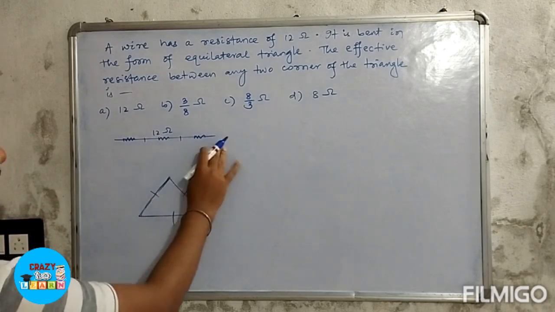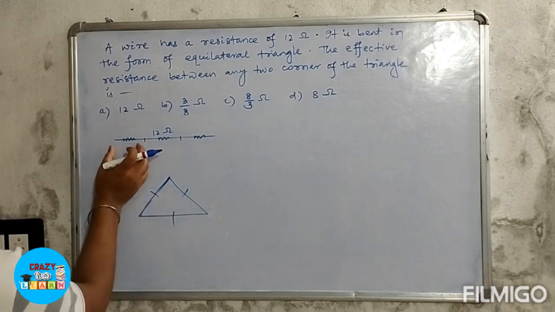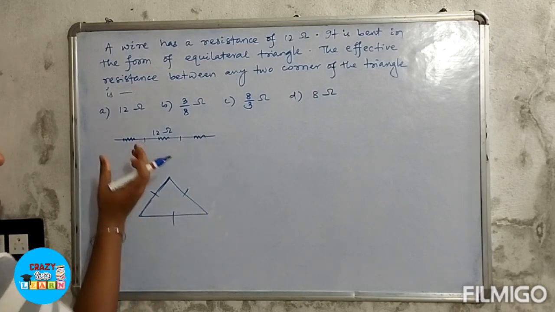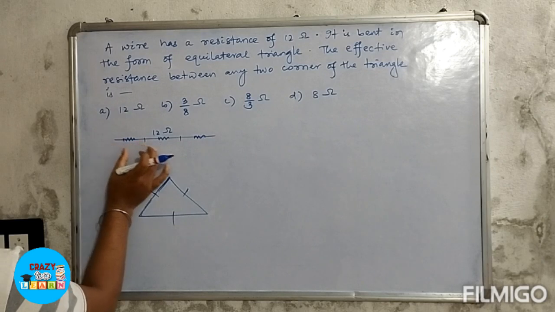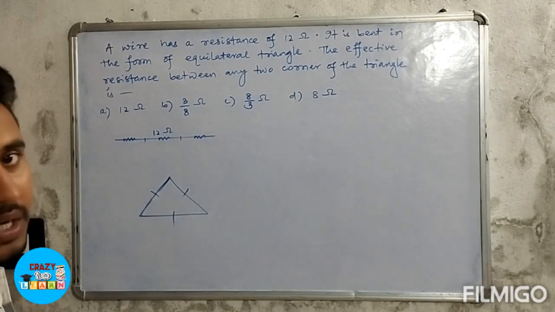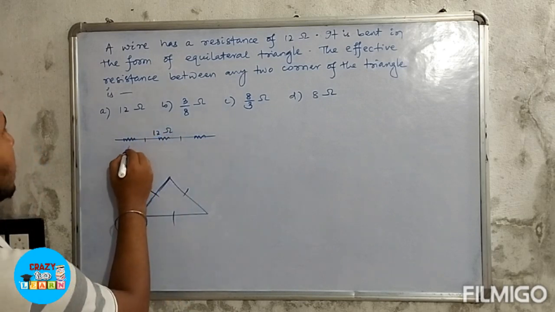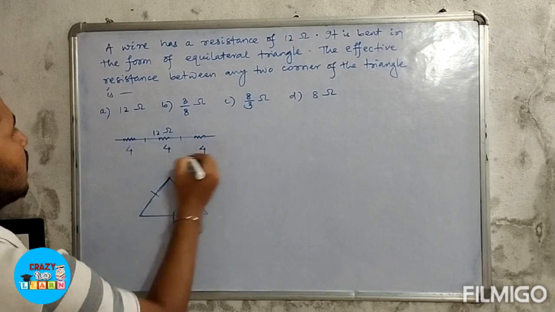If you divide it into equal 3 pieces, the resistance depends upon the length. So length is equally divided into 3 parts, then the resistance will be equally divided into 3 parts. So when 12 is divided into 3 parts, what will you get? 4, 4, 4.